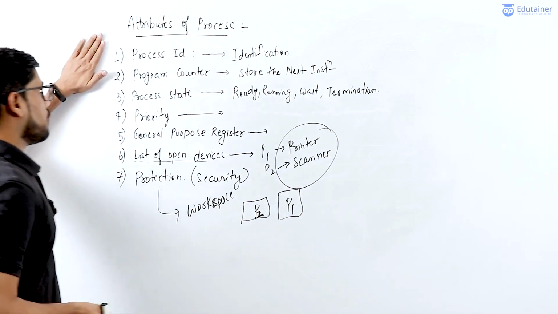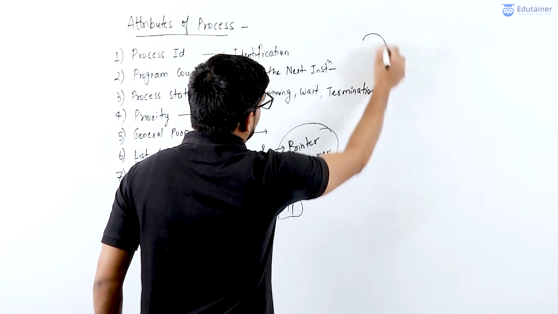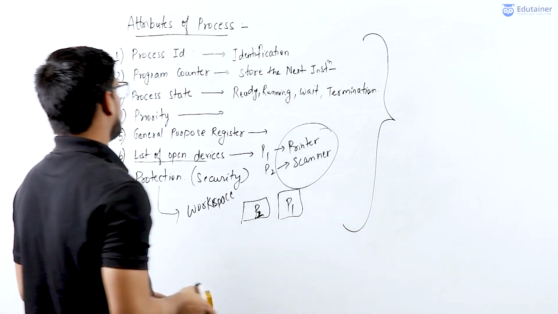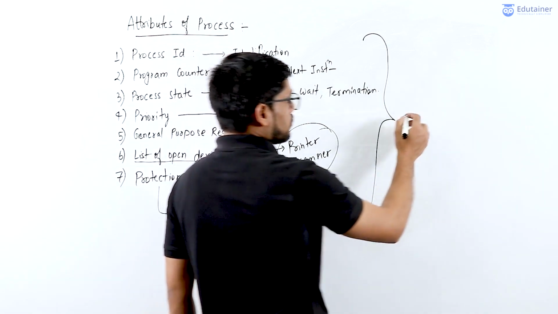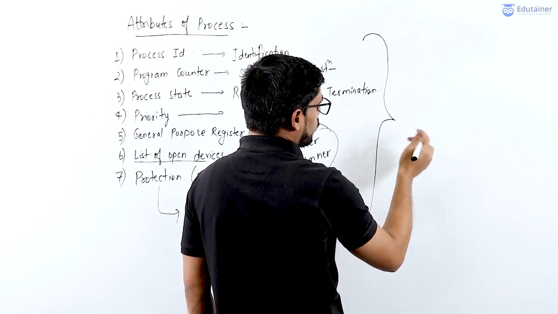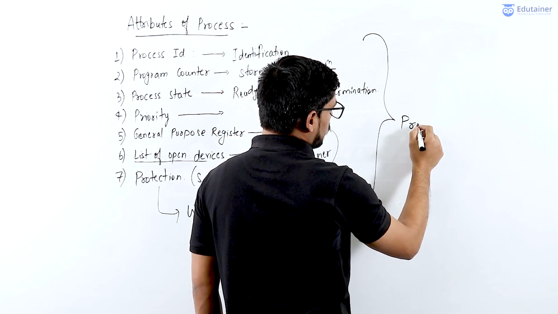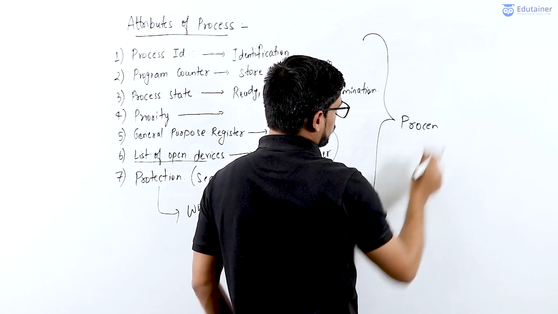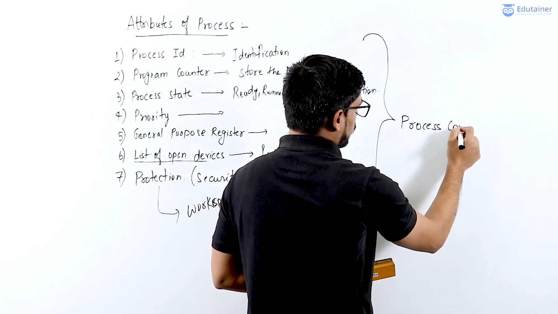Okay, so these are the various attributes related to a process, and all these attributes, either process ID, program counter, or any other attributes, are placed in a particular memory which is called the process control block, PCB.